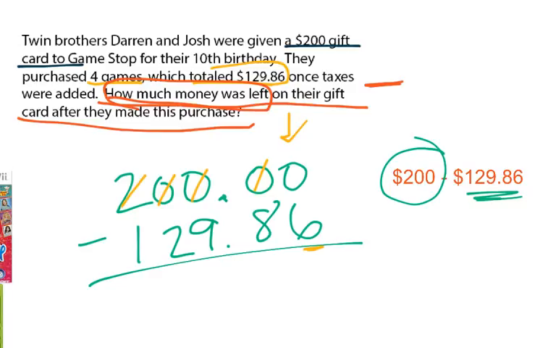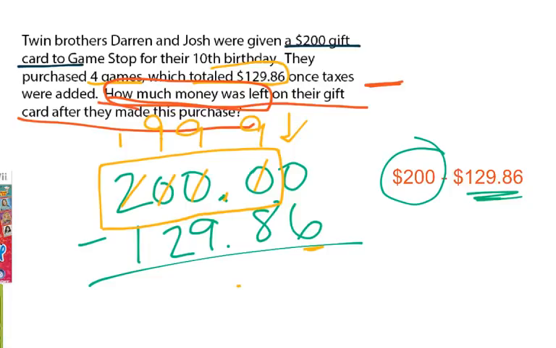Now I'm not going to look at this as 2. I'm going to look at it as a form of 2,000. So if I have 2,000, I'm taking 1 away from 2,000. And that would leave me with 1,999.